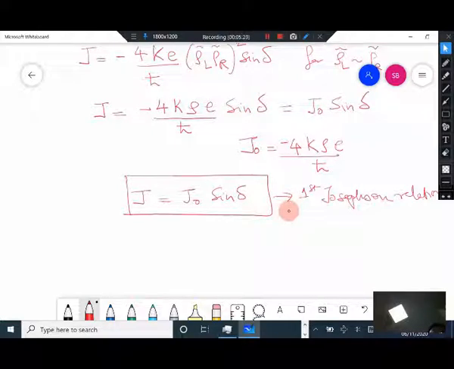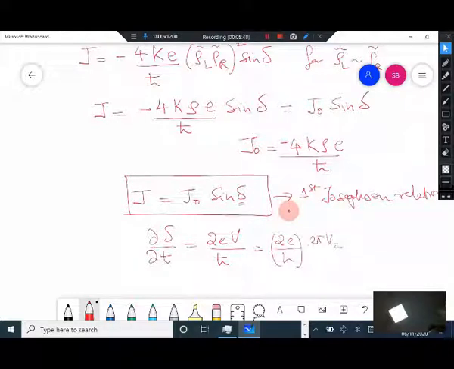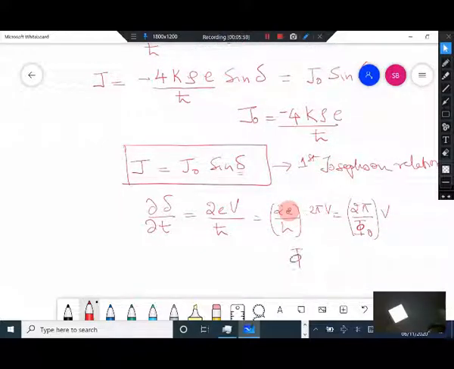The first is this, and the second is the rate of change of the phase difference. This phase difference delta depends on 2EV by h cross, which is nothing else but 2E by h into 2 pi by V. So it is 2 pi by phi naught into V, where phi naught is the flux quantum, h by 2E, for a superconductor.